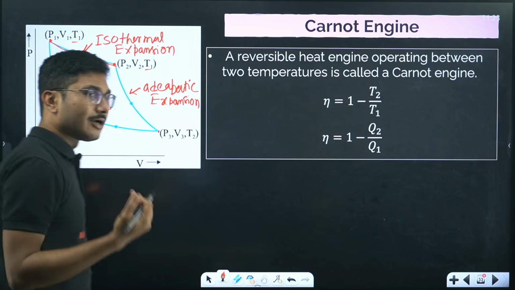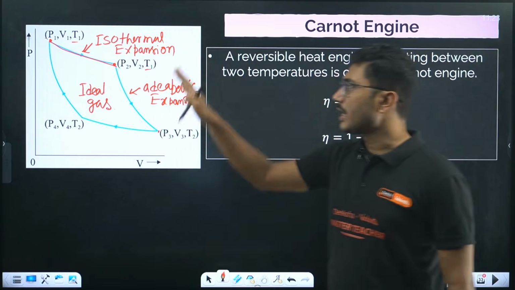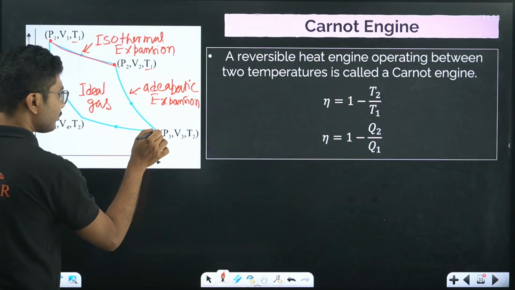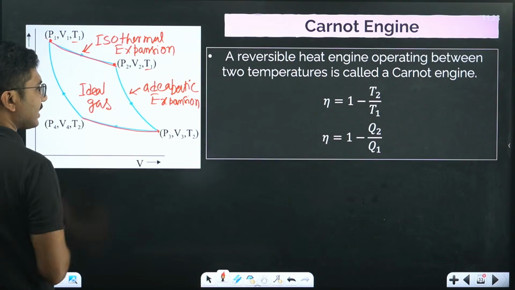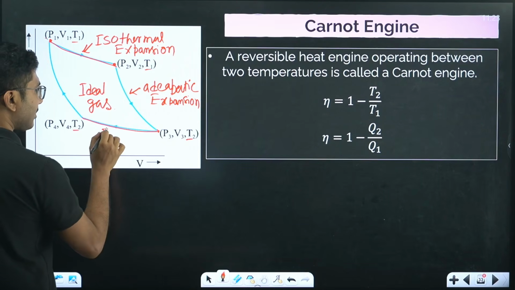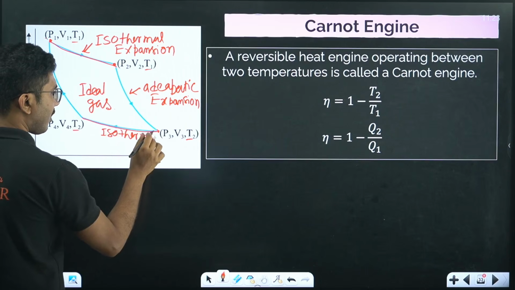Any Carnot cycle consists of 4 stages. The first stage is isothermal expansion, then adiabatic expansion, then you start compressing the gas. Here again the temperature is constant, so it is an isothermal process: isothermal compression.